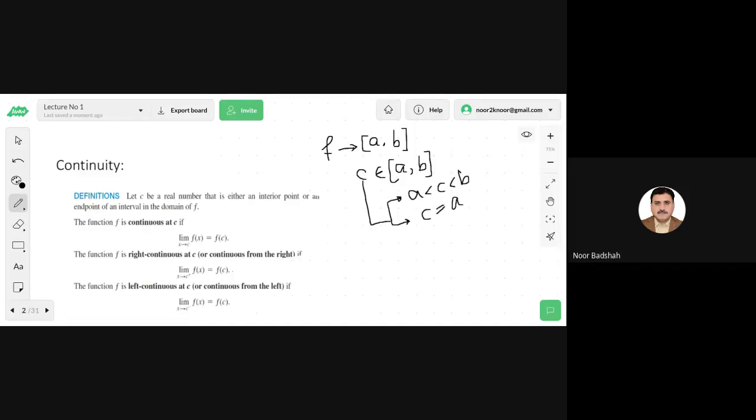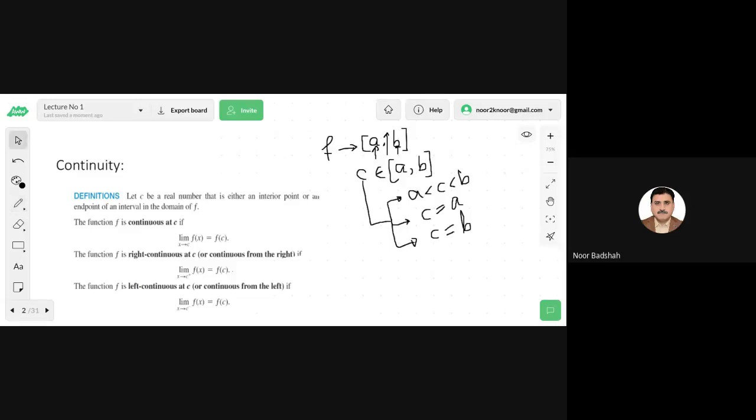This is the left end. There are three parts of an interval: left end, interior part, and right end. And the third case, as I explained earlier, is if C is the right end of the interval. So we'll be considering these three cases for checking continuity of a function at a specific point.